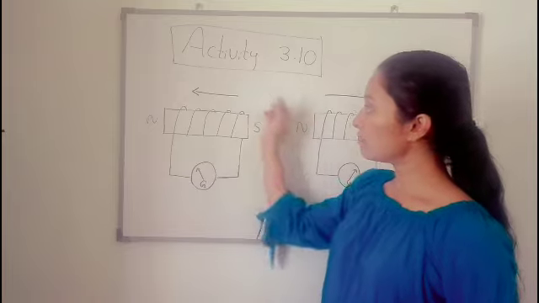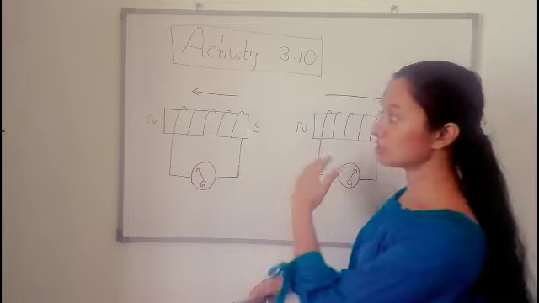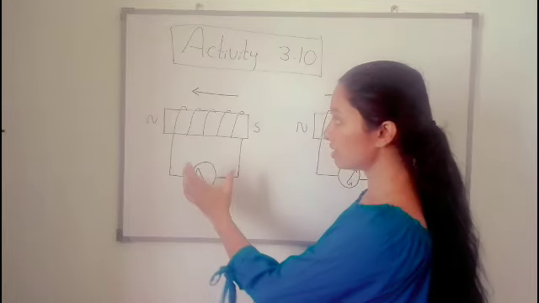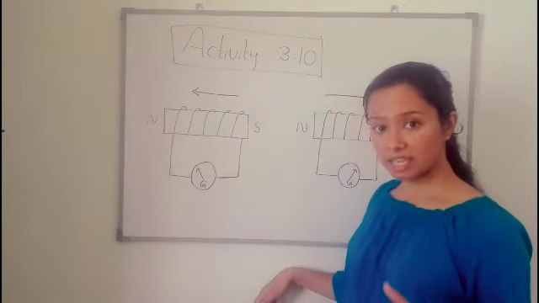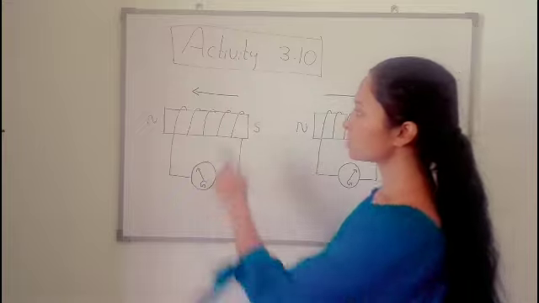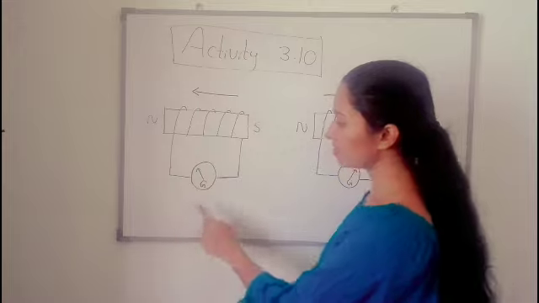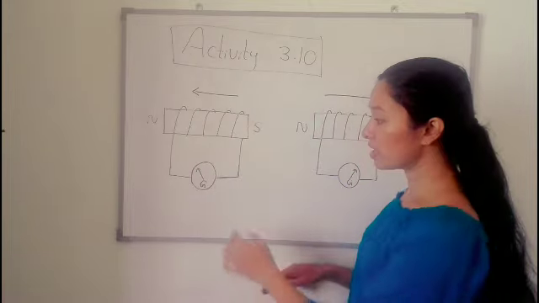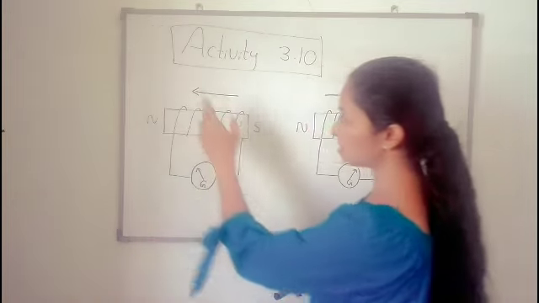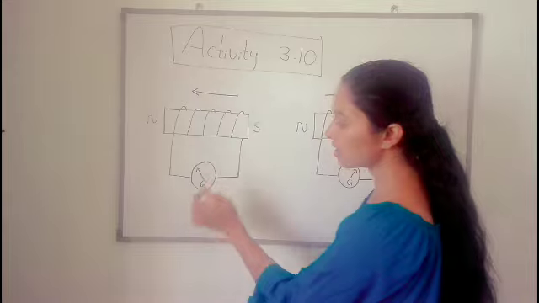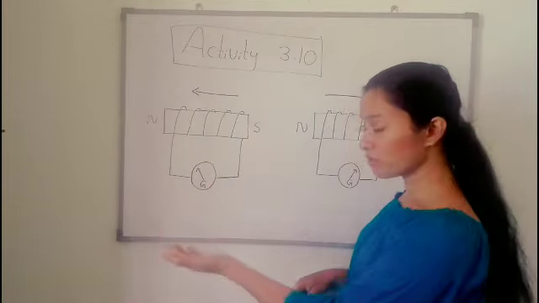First we move the bar magnet to the left side, and we observe what is happening to the indicator of the galvanometer. When we move the bar magnet inside the coil to the left side, we can see the indicator of the galvanometer also goes to the left side.